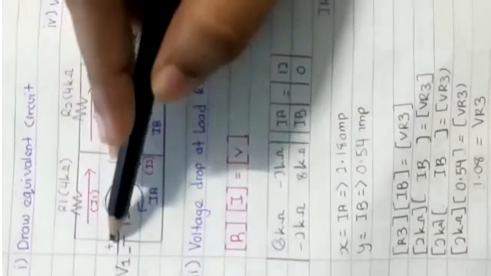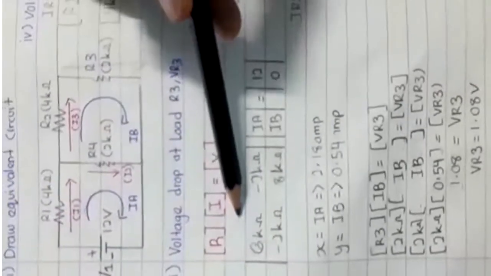So to find the voltage we usually use the normal Ohm's law, but we have to find out the resistance and then the current first. The current flows this way because the positive starts from here, so we have to follow the direction.